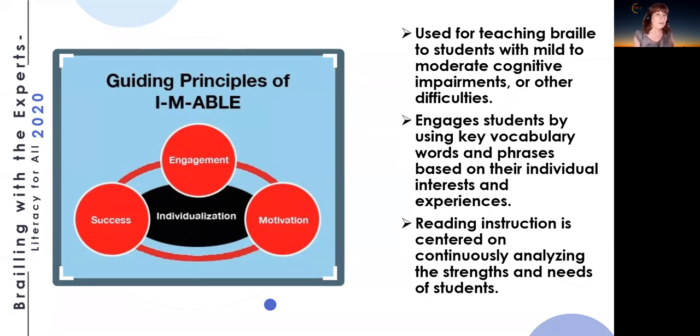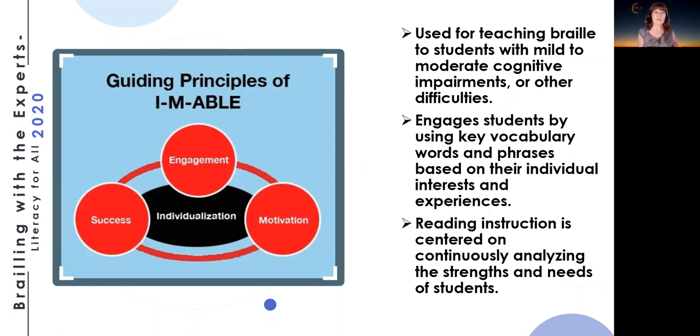But the I Am Able program has 3 main principles: engagement, motivation, and success. And it is based on individualization for each and every student. It is used specifically for teaching Braille to students with mild to moderate cognitive impairments or other learning difficulties.